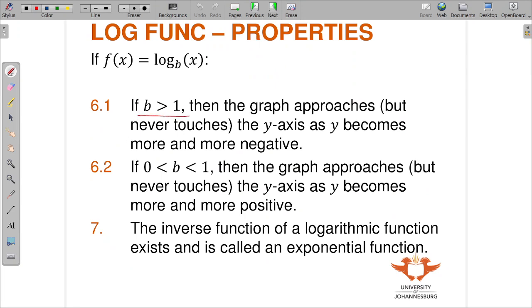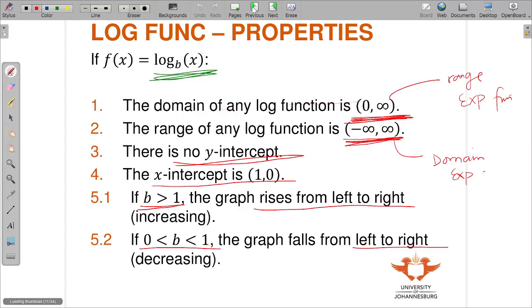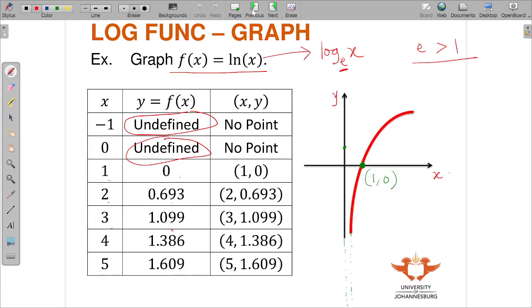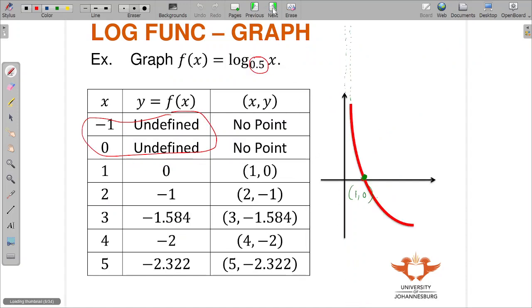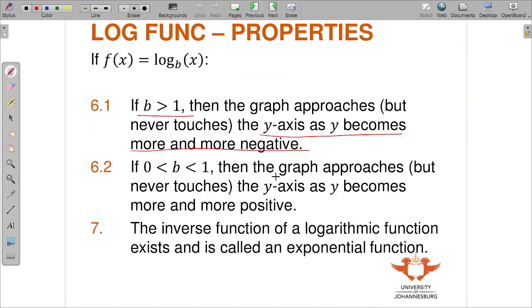If b is greater than 1, the graph approaches but never touches the y-axis as y becomes more and more negative. We saw that before. And when b is between 0 and 1, the graph approaches but never touches the y-axis as y becomes more and more positive.